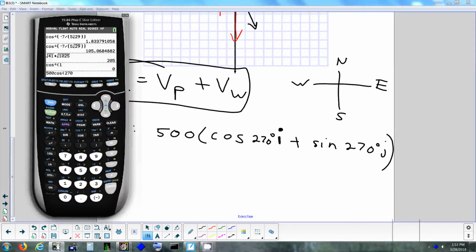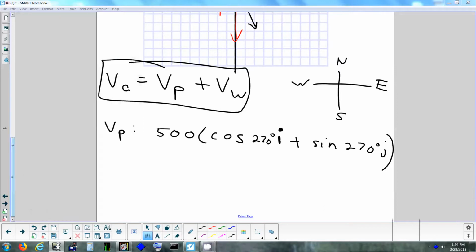So what I'm finding right here, the I is the left-right component of the airplane speed. Well, there isn't one. The plane is traveling perfectly south. There is no left-right to the speed of the plane. All the speed is in the south direction. Okay? So that's why the first part is 0.